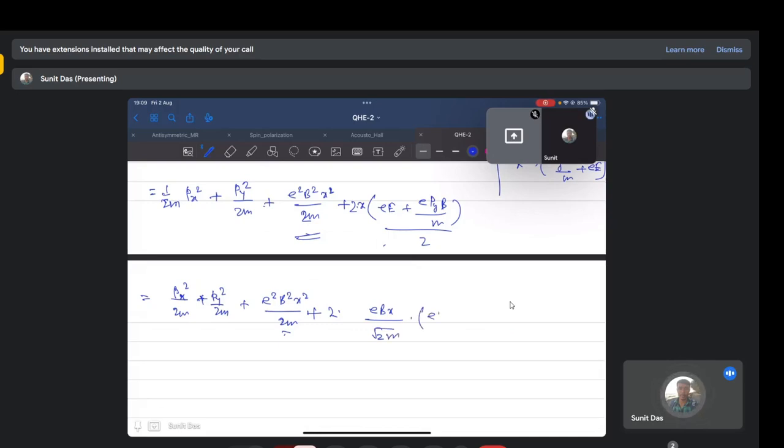And then this term, or rather, let me remove e.